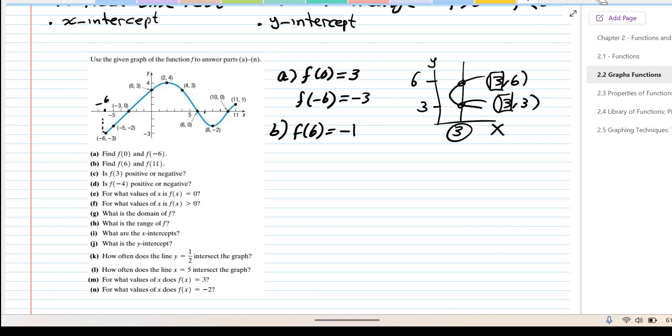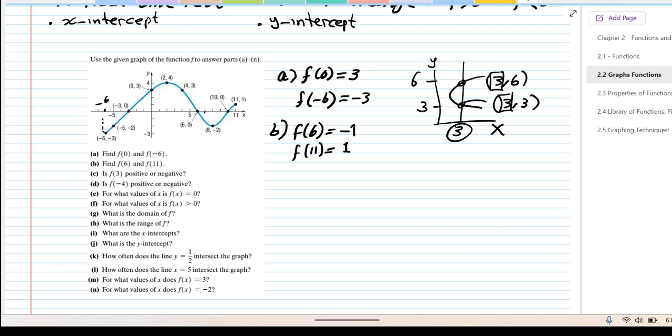Now f at 11, the value of the function when x is 11. So when x is 11, again, you go up until you touch the function, the value is 1. So f at 11 is 1. Remember, the y values are the outputs here.